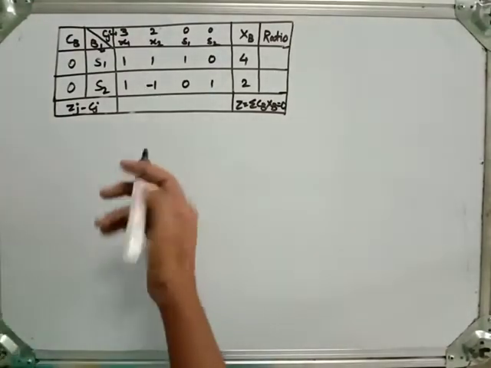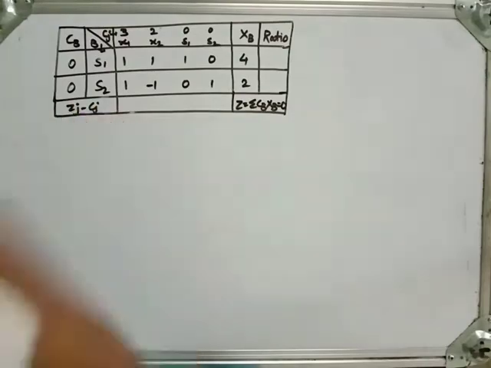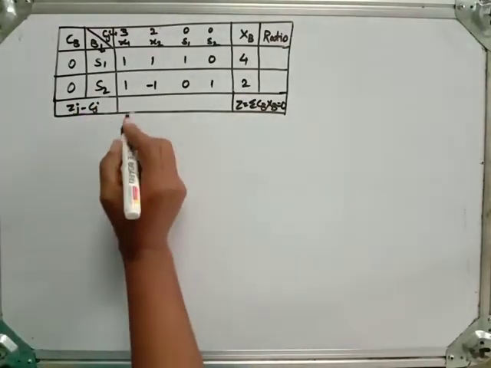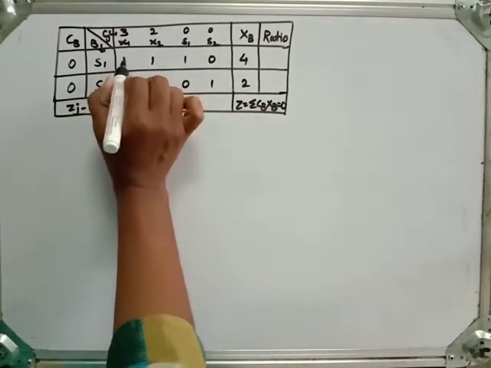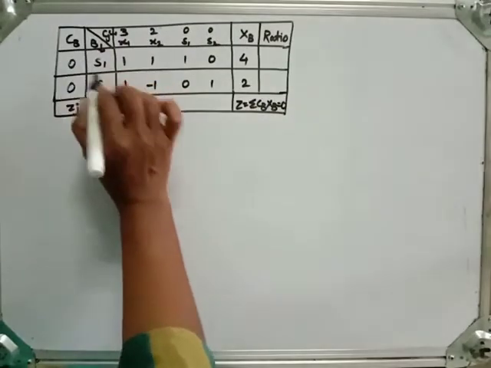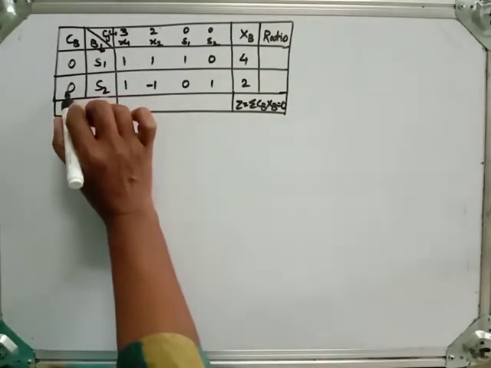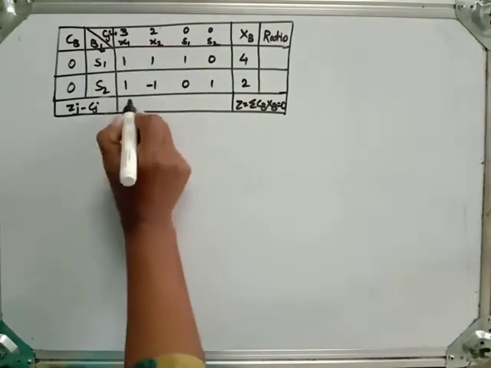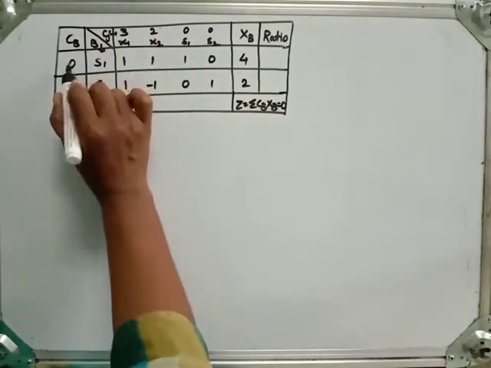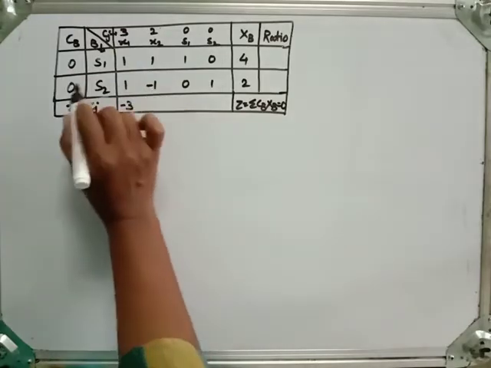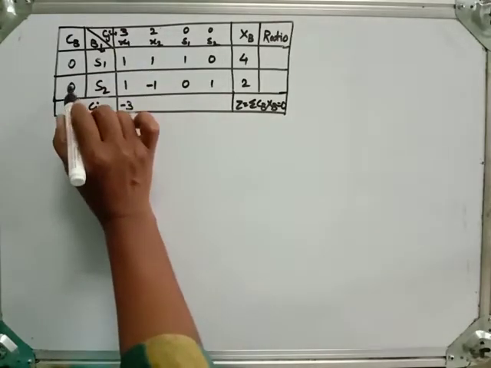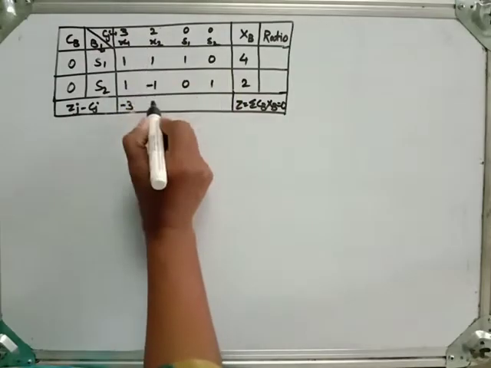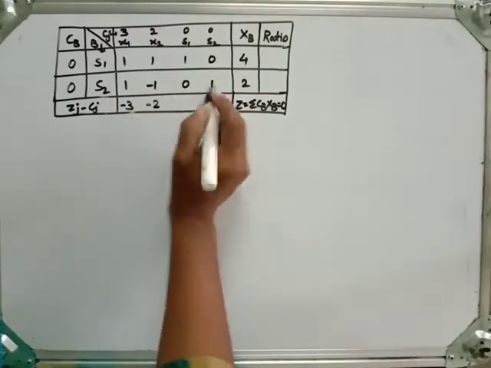So now we will find Zj minus Cj to check whether the solution is optimal or not. You know that: 1 into 0 is 0 plus 1 into 0 is 0 minus 3, so here I get minus 3. Again 1 into 0 is 0 plus minus 1 times 0 is again 0, so 0 plus 0 minus 2 will be minus 2.